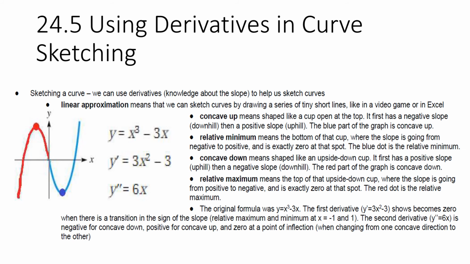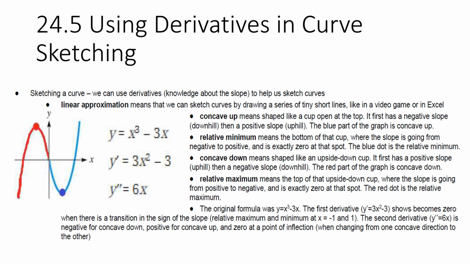But how can I tell if something is concave up or concave down? Because that will tell me whether that relative point is a maximum or a minimum, won't it? Well, if I take the second derivative, y double prime, and that's equal to 6x, then I know that the second derivative is the rate of change of the slopes.